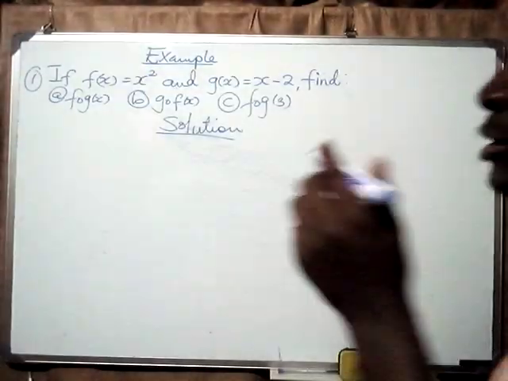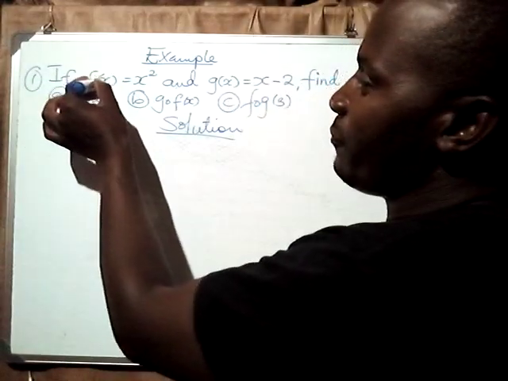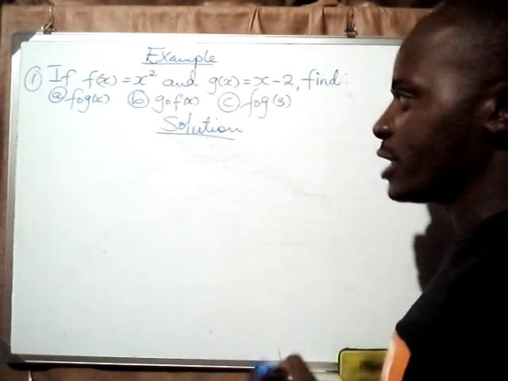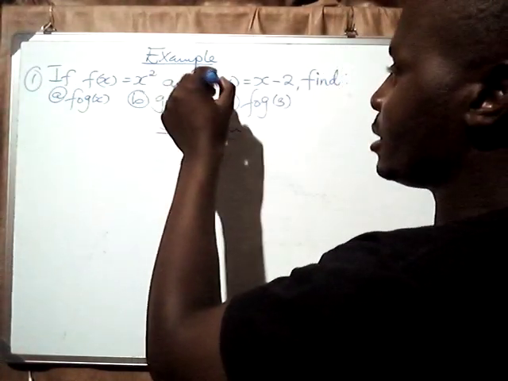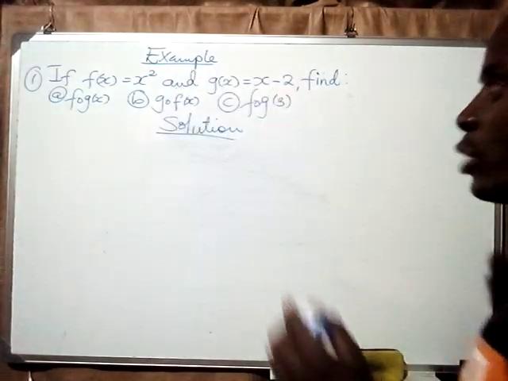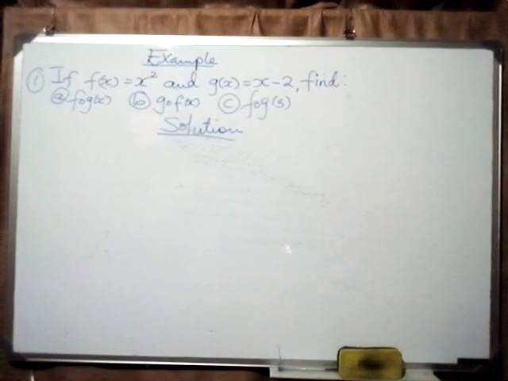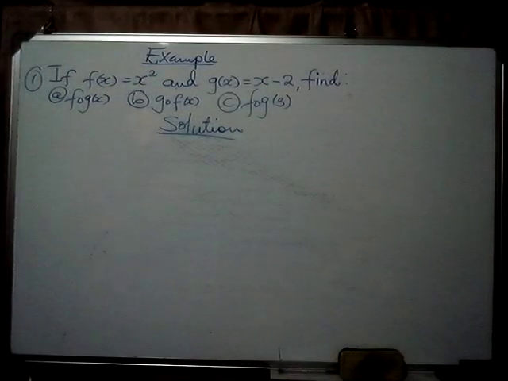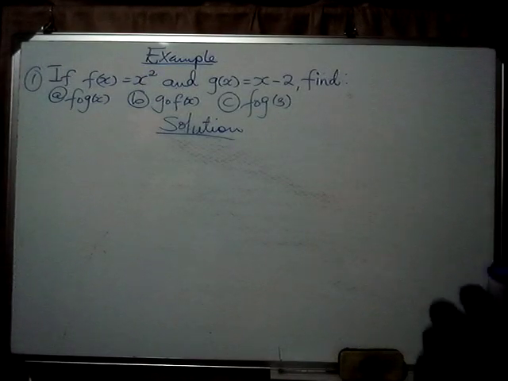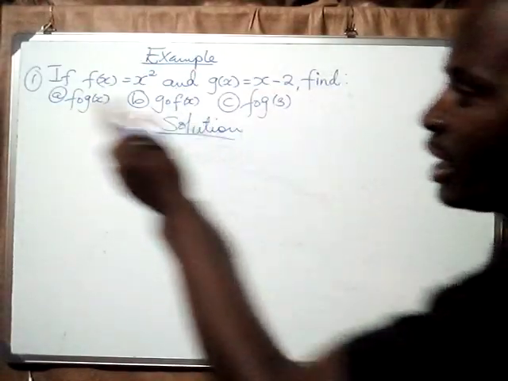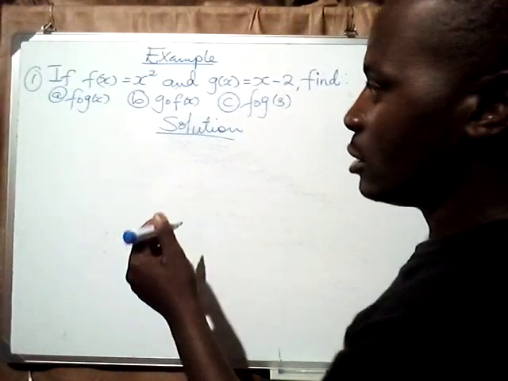So the example says, if f of x is equal to x squared and g of x is equal to x minus 2, find f of g.